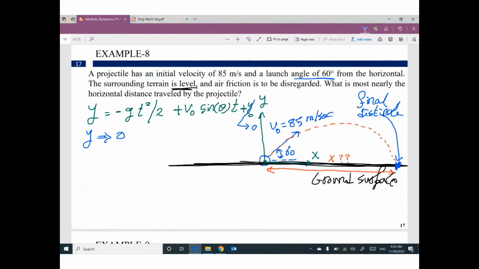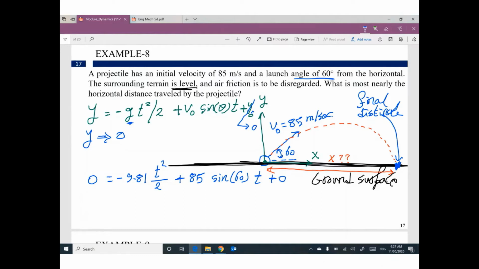So at this location, y equals 0, equal negative 9.81 t square divided by 2 plus v naught, the initial velocity 85, sine angle 60, time t, and the initial y, we don't have initial y, 0.